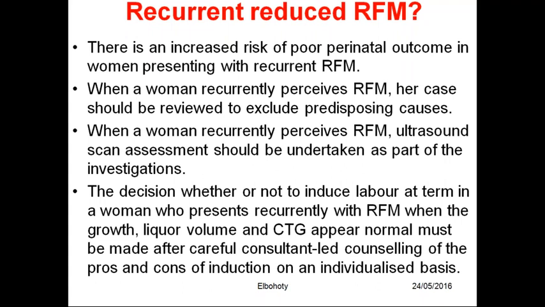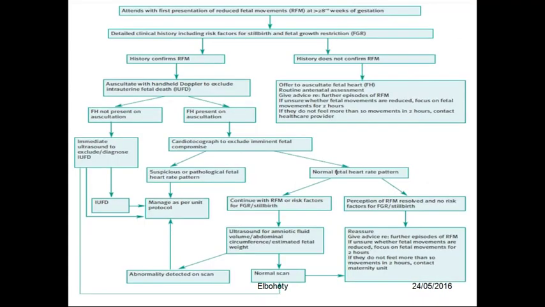I know this is a gray area in obstetrics, like management of oligohydramnios at term. But if there is recurrent reduced fetal movement at term, put in your mind that we can deliver her, after having a discussion and individualized management.